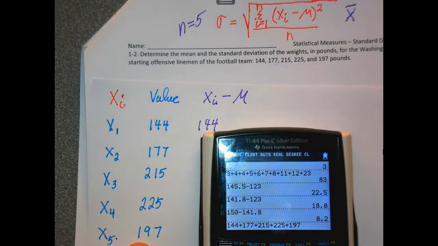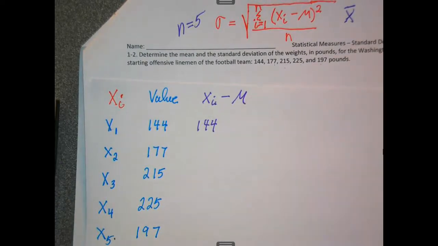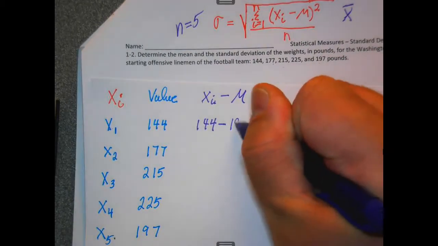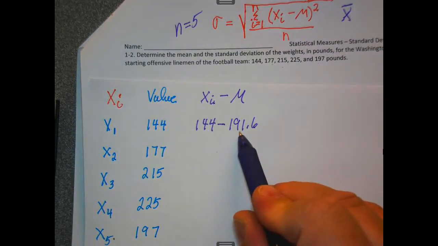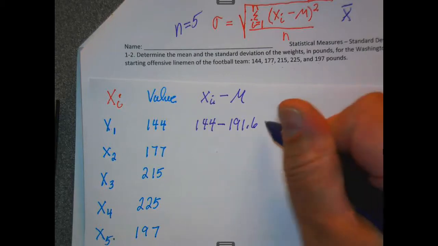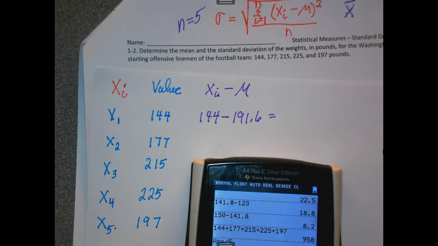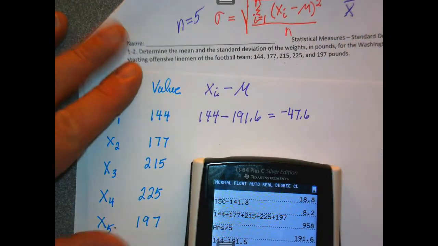And before you hit divide by 5, hit enter first, then divide by 5. Our mean is 196. Or I'm sorry, 191 point. So every one of these we're going to have to do minus 191. And that equals negative 47 points.